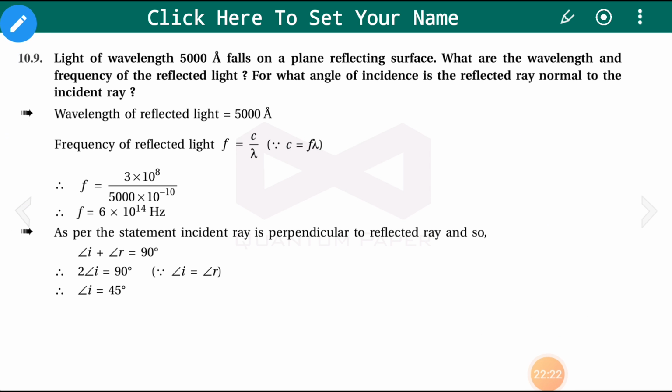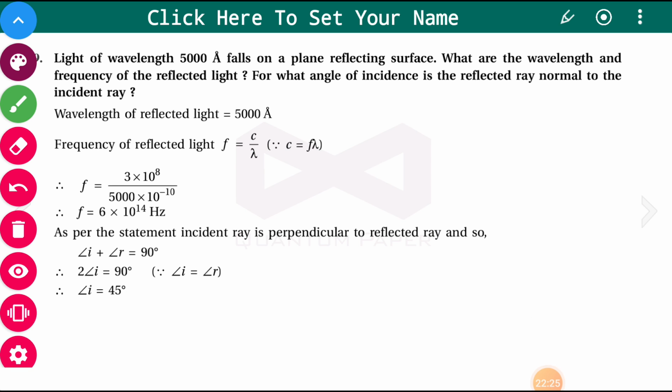Now numerical number 10.9: light of wavelength 5000 angstrom falls on a plane reflecting surface. What are the wavelength and frequency of the reflected light? For what angle of incidence is the reflected ray normal to the incident ray?